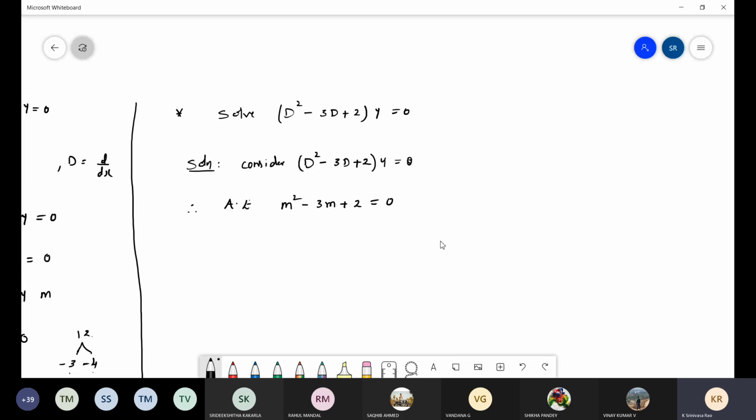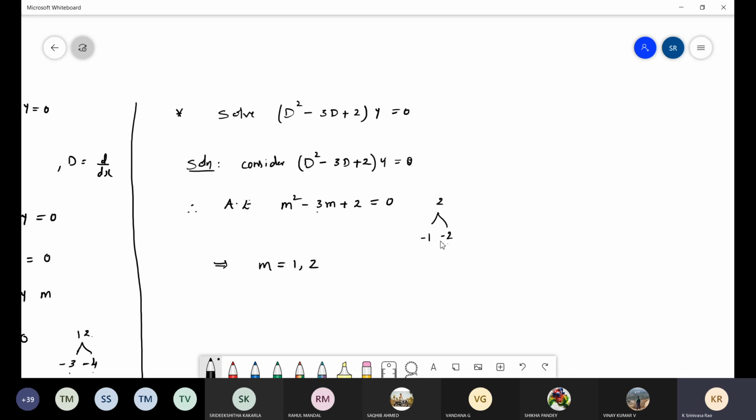Are there any factors for 2? 1 and 2, and since it should be minus, minus 1 and minus 2. Minus 1 minus 2 is minus 3, and minus 1 into minus 2 is plus 2. This satisfies both, so with the factorization method it is possible to find the roots. This implies m equals 1 comma 2.